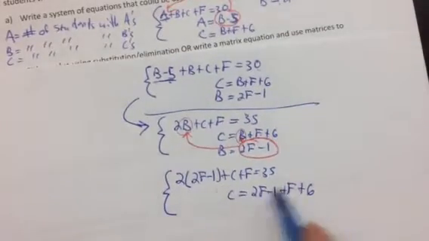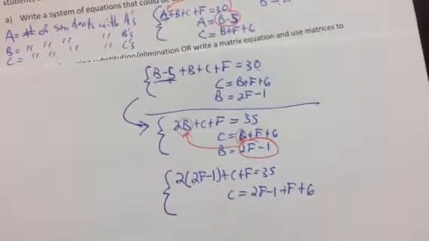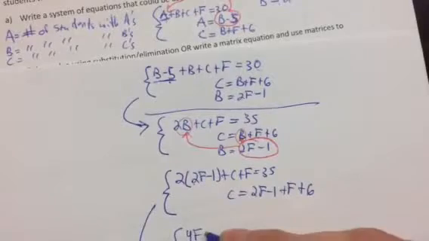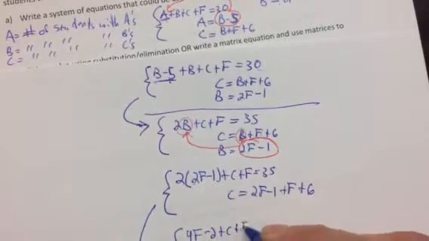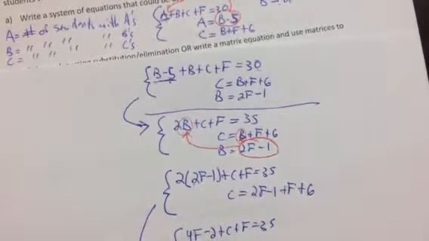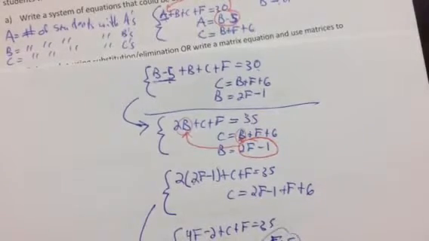Okay, 2 equations, only C's and F's in them. Again, we can simplify this. When I simplify this, this is going to be 4F minus 2 plus C plus F equals 35. And C equals 3F plus 5. 3F plus 5 gets plugged in for C.